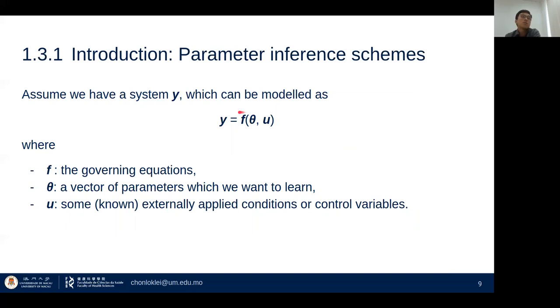This model depends on some control variables, U in this case, which can also represent external applied conditions such as drug block. In the rest of this talk, I'll assume U is known and only theta is the one that we want to find, or learn through calibration.